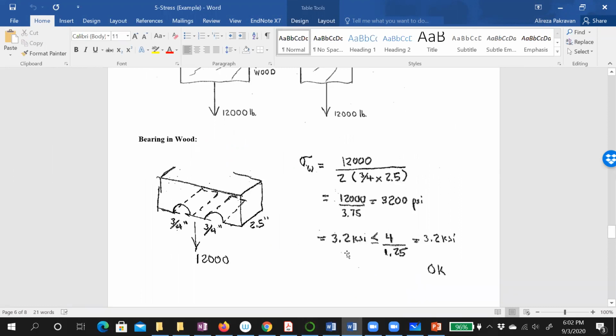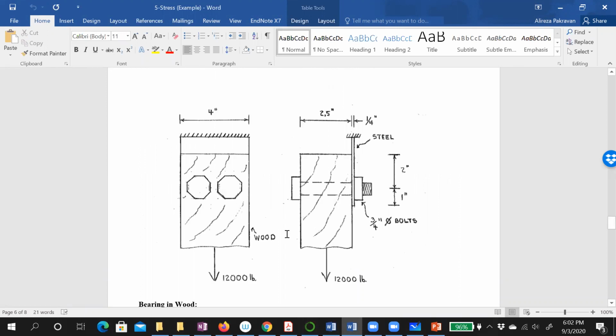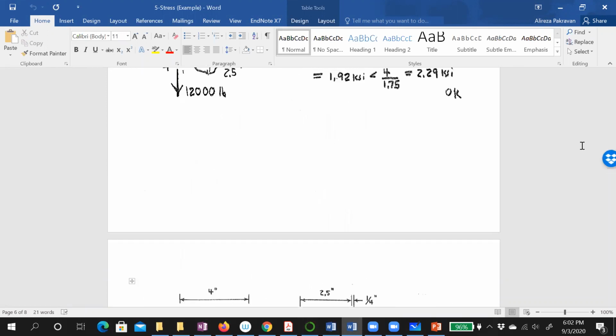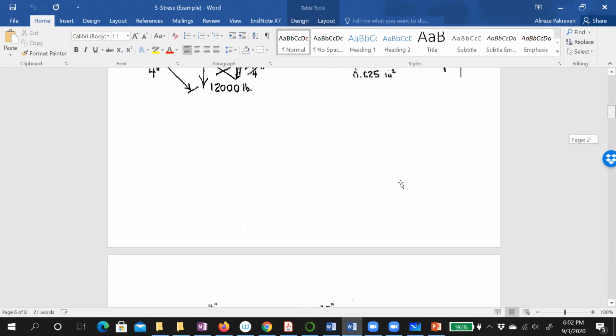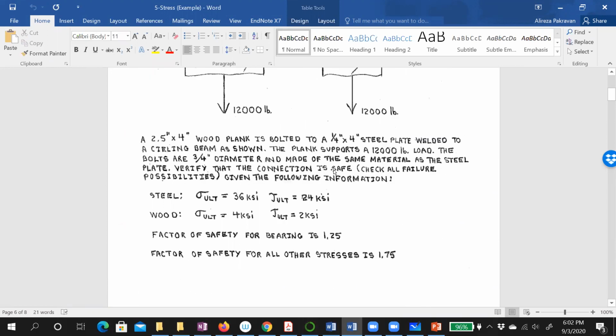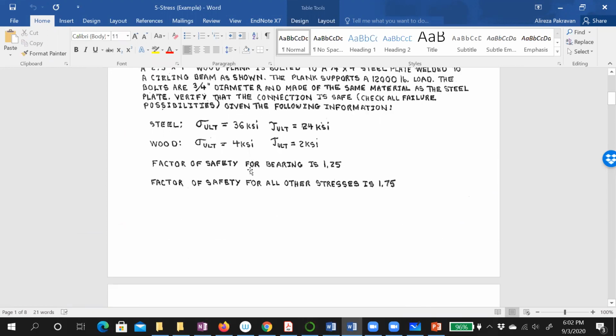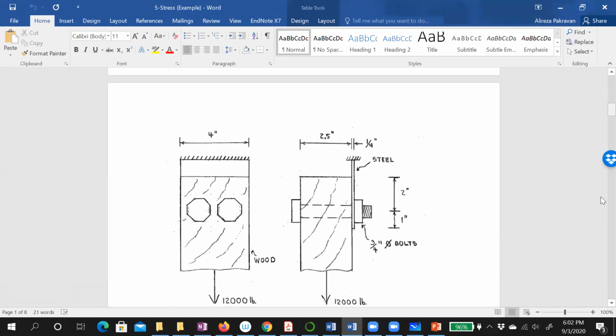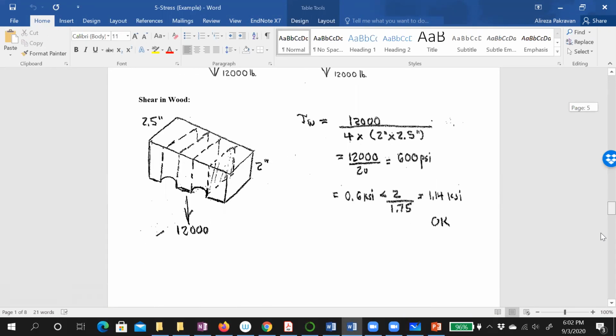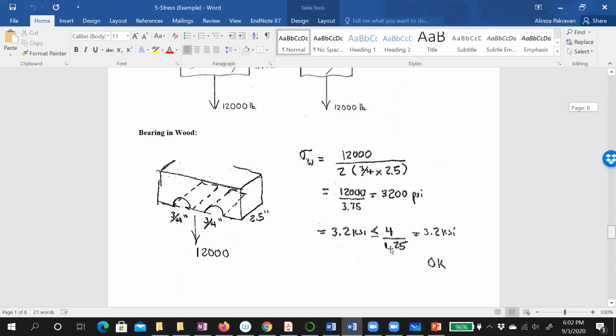So for bearing stress, make sure to use the correct factor of safety. For bearing, it gives us a factor of safety of 1.25. Just make sure to use the correct value for that, right? 1.25.